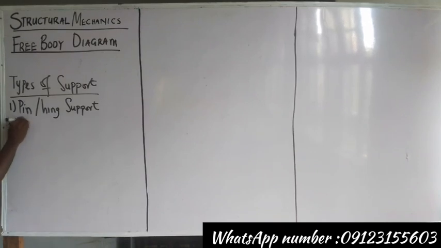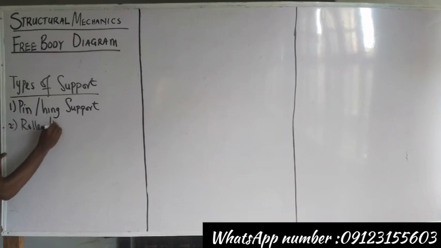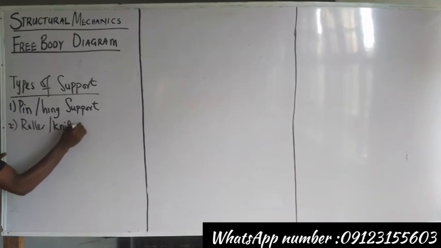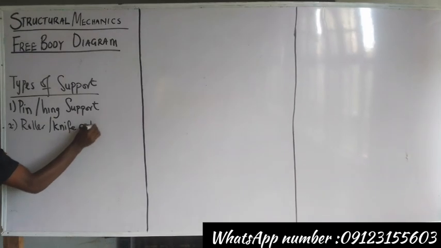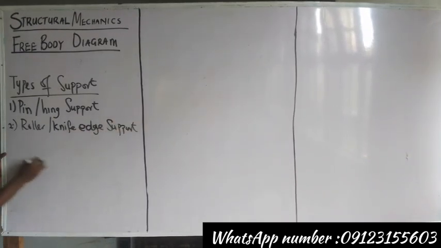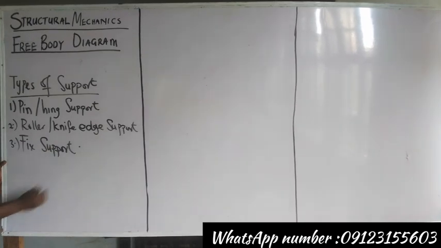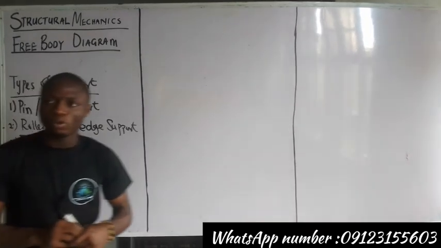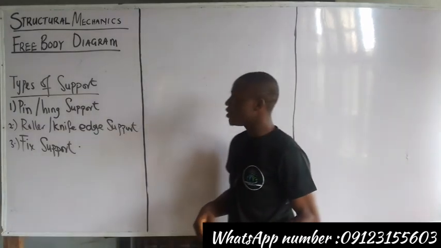Number 2, we have roller support, or you call it knife edge support. Also, we have the fixed support. These are the 3 types of support that we have, right?